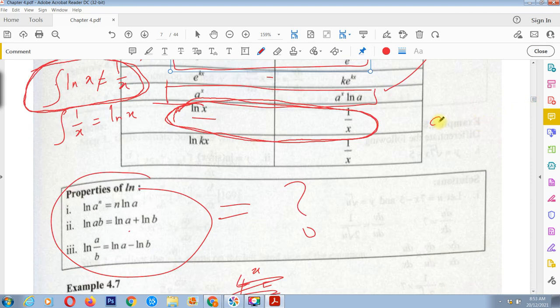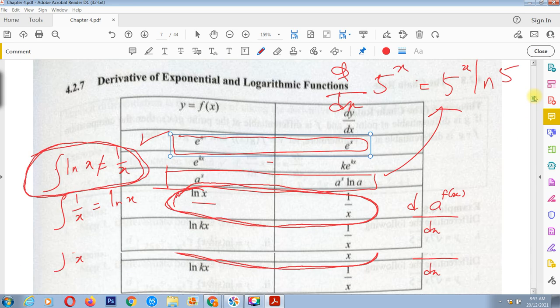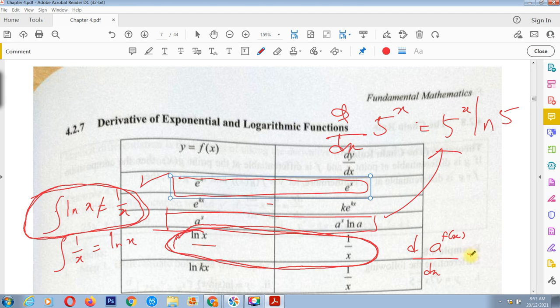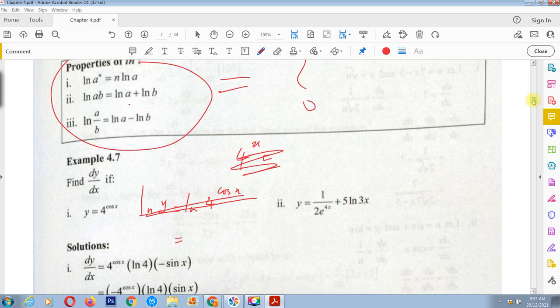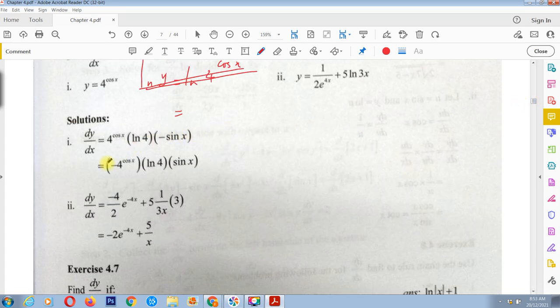If we have a^(f(x)), a function, and then differentiate this, we will get: first we copy a^(f(x)), and then f prime x, and then ln a. So that's all like this.